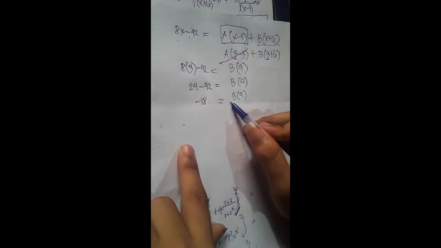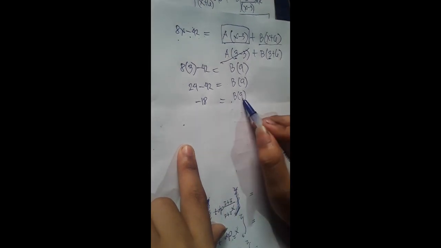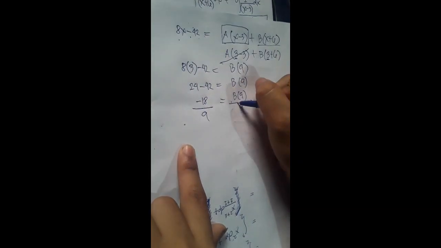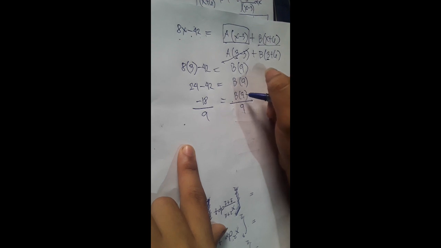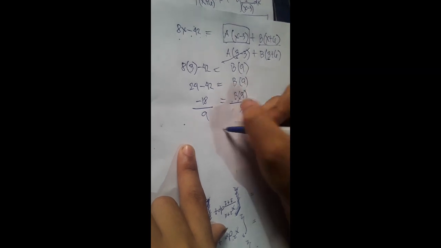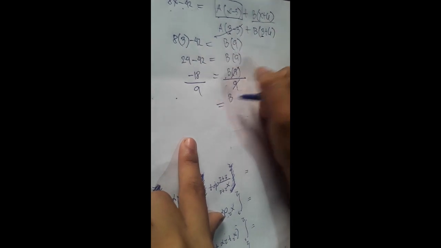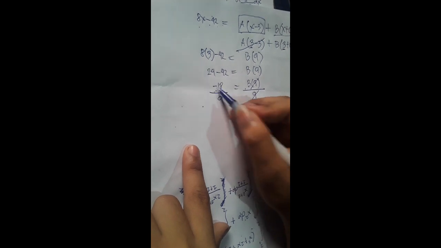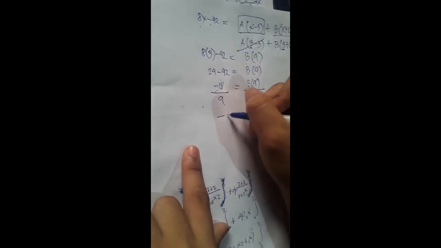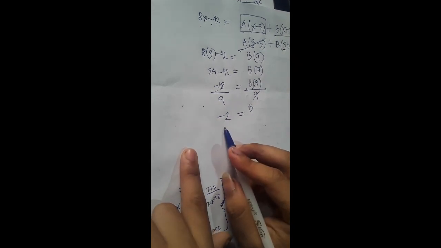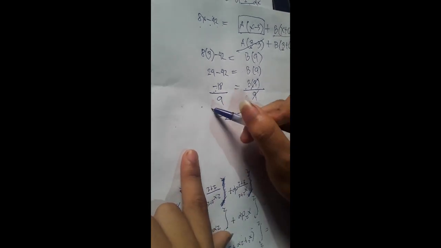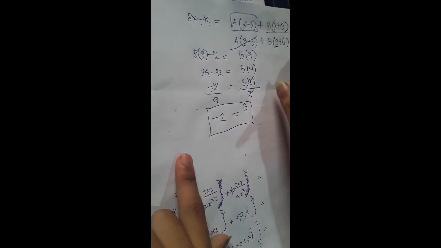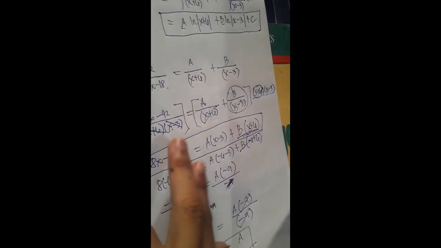We are going to eliminate this 9 by dividing both sides by positive 9. 9 divided by 9 is 1, and 1 times b is b. The remaining value at the right side is b, and negative 18 divided by 9 is equal to negative 2. So therefore, the value of our b is negative 2.